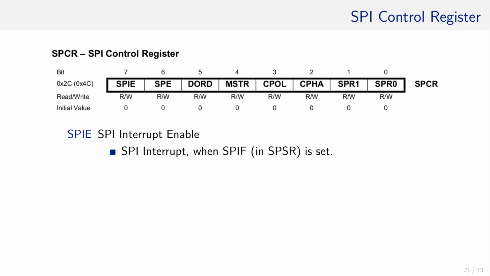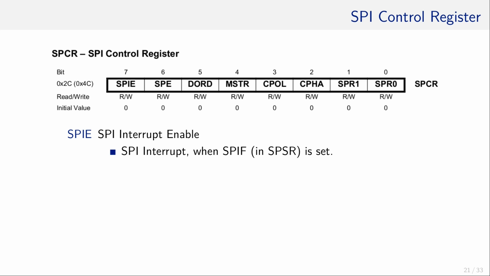In this session, I will show the three registers that we have in the ATmega328P to control the SPI hardware unit. First, let's start with the SPI control register. The most significant bit defines if an interrupt is to be issued once the transfer completes.